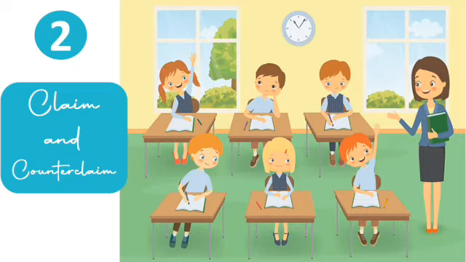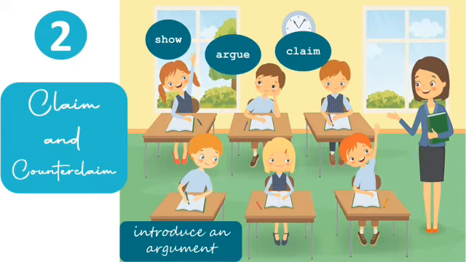To determine the relationship among claims and reasons is to understand the connections between the evidence for a claim and the claim itself. In a counterclaim text, arguments are typically introduced using reporting verbs such as show, argue, and claim.